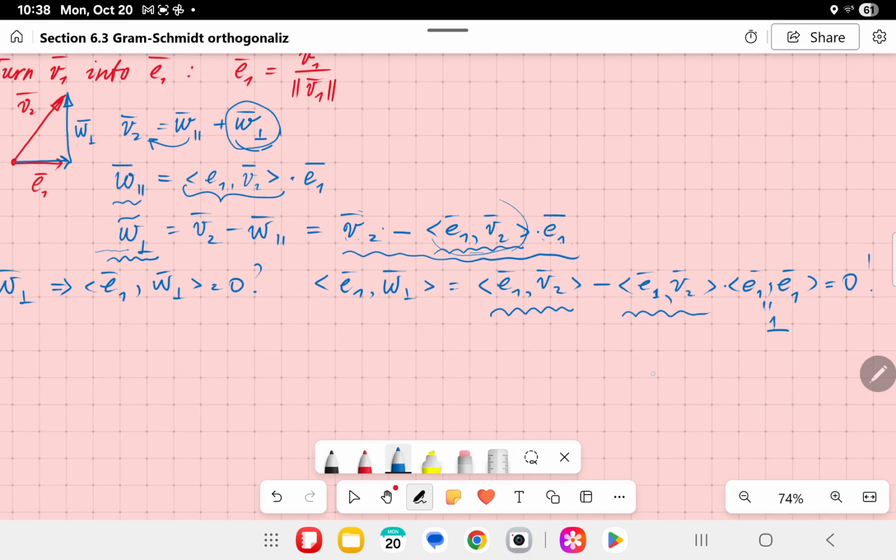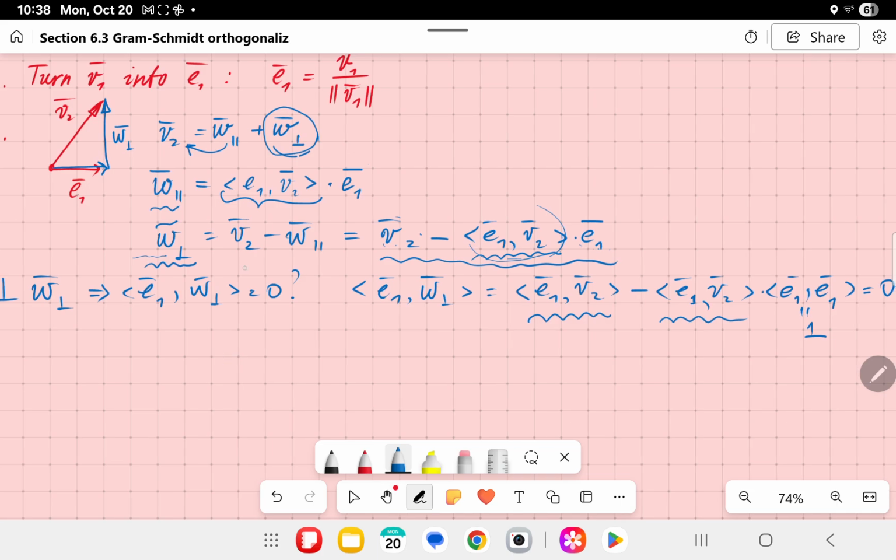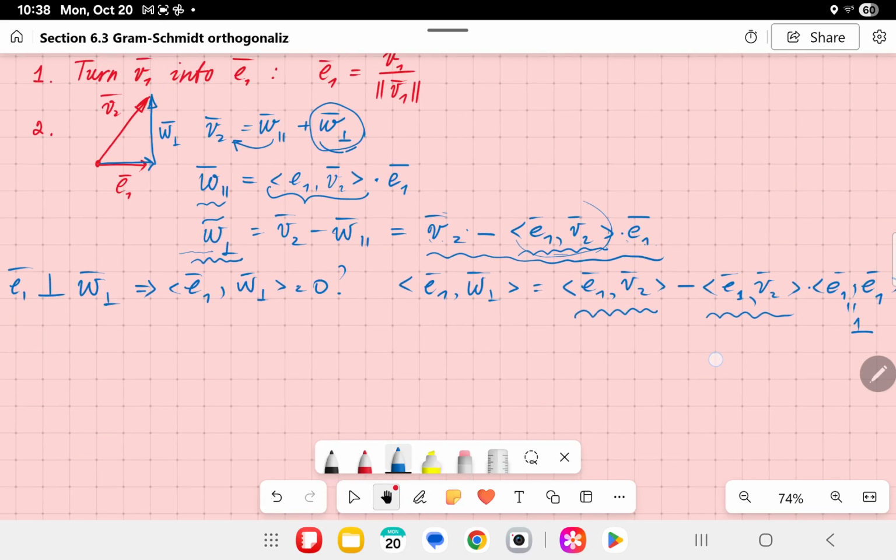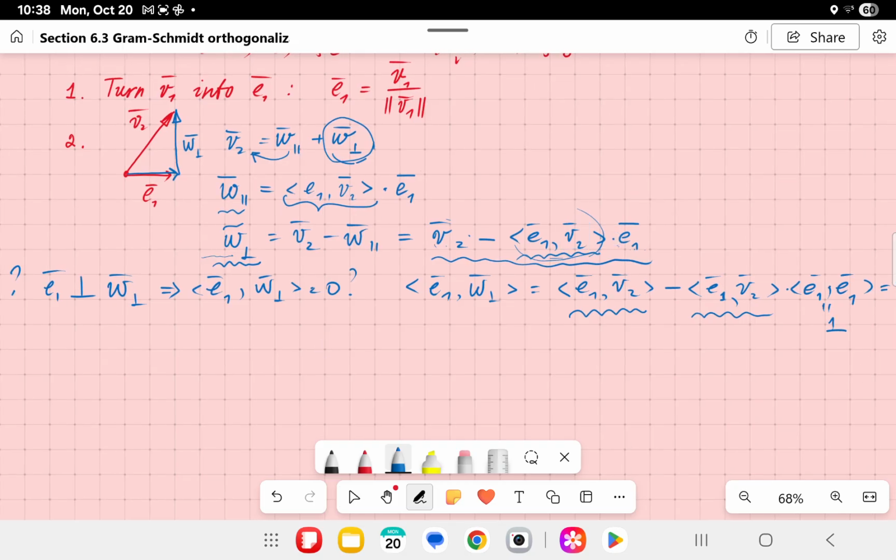So the resulting vector is orthogonal. We find it by subtracting from vector v2 the parallel projection. Okay, let's continue.